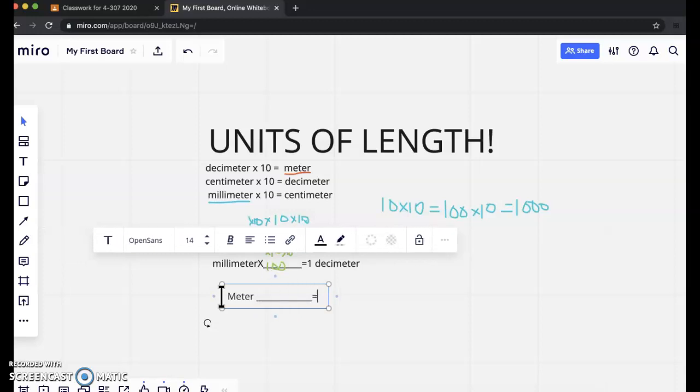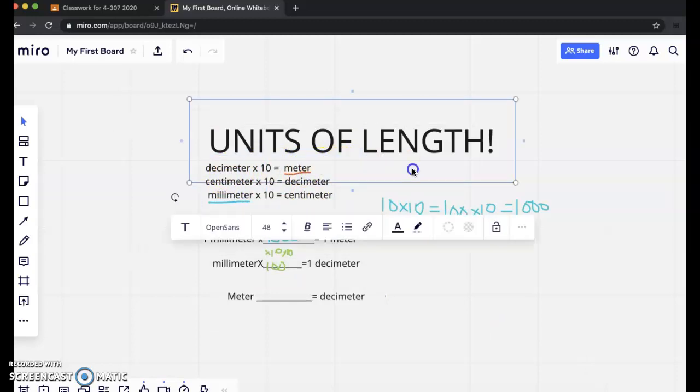Well, to go from here to here, we're no longer multiplying. To get from the biggest one to this one, we're not multiplying anymore. So let's make this as if it were numbers.